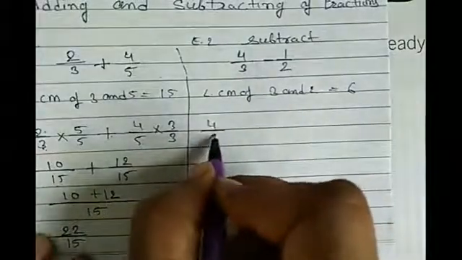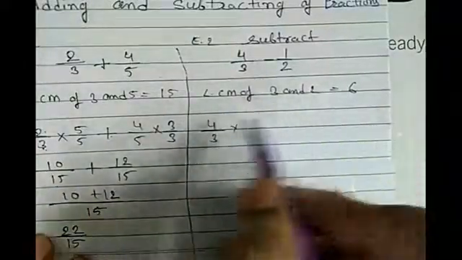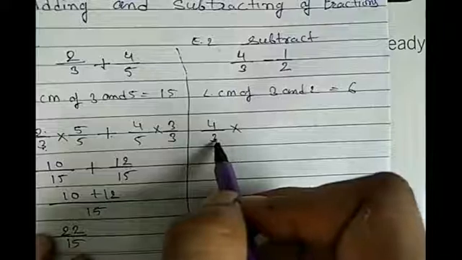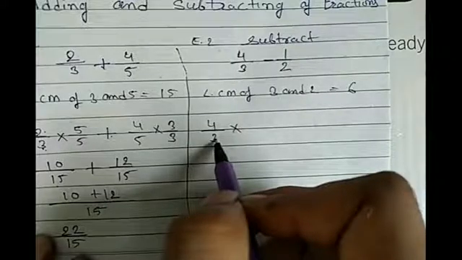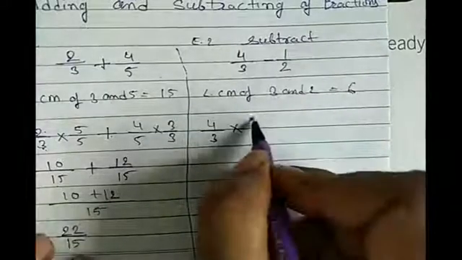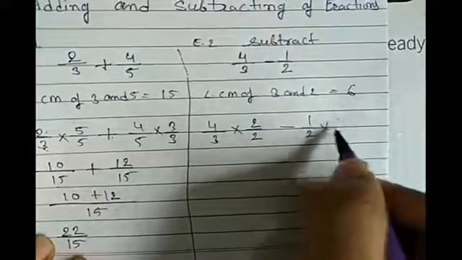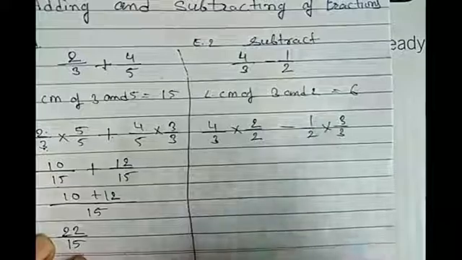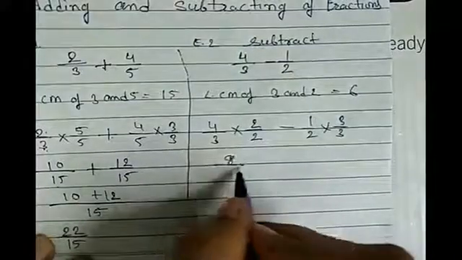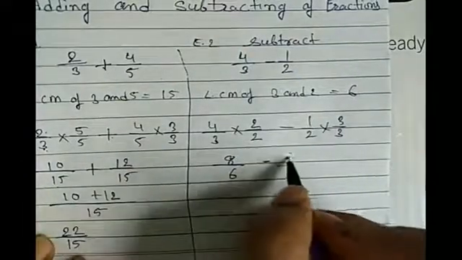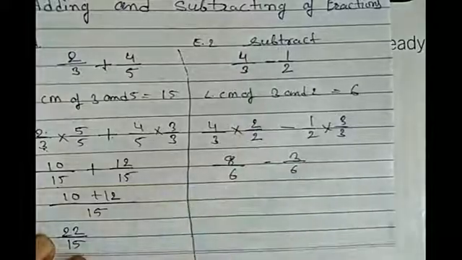Now write 4 upon 3 multiplied with, we need 6, we have 3 as a denominator, so we multiply 3 with 2, so we multiply both by 2 upon 2, minus 1 upon 2 multiplied with 3 upon 3. We get 8 upon 6 minus 3 upon 6.